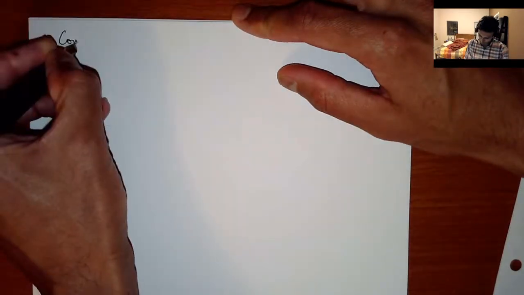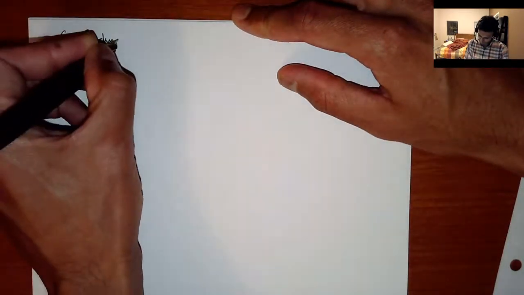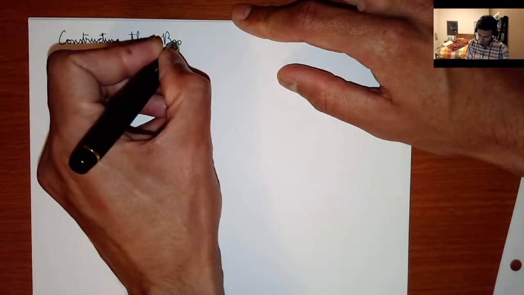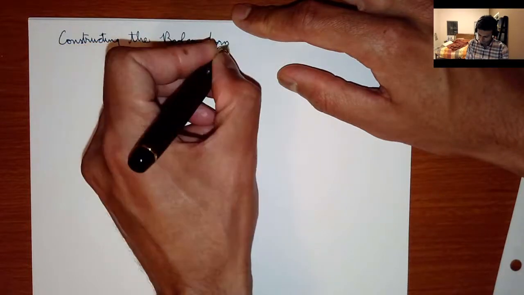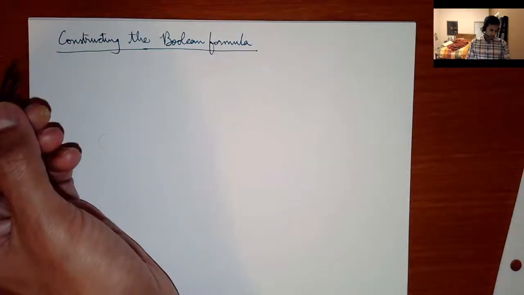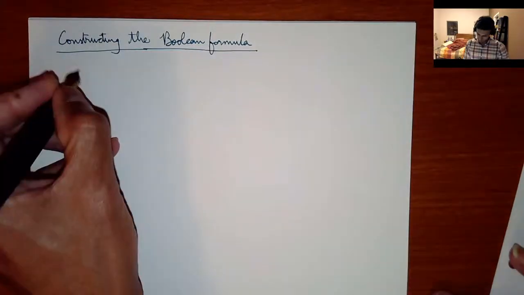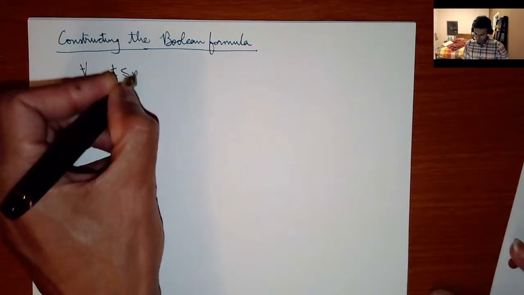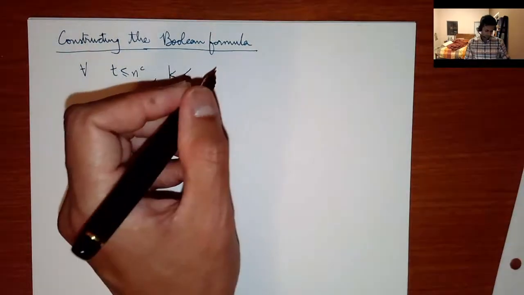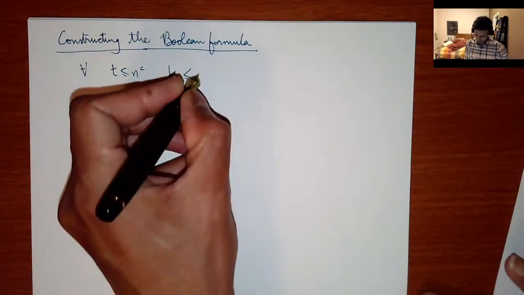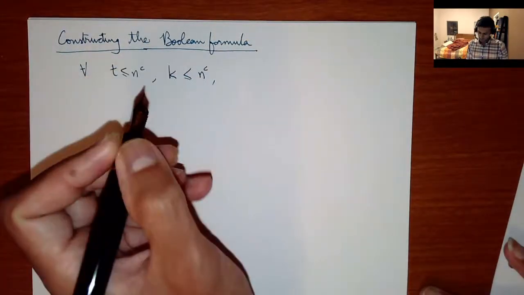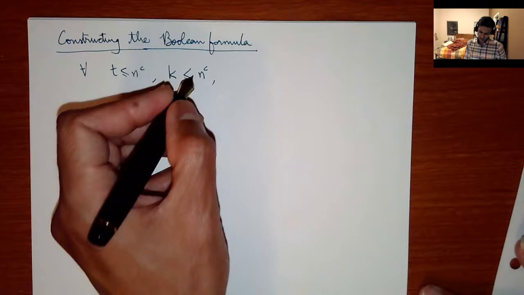So I'll say constructing the Boolean formula. I'm going to define a collection of variables. For all t less than n to the c, for all k less than some O of n to the c, so let's just say n to the c, and technically this is O, so maybe there's some constant c prime over there.